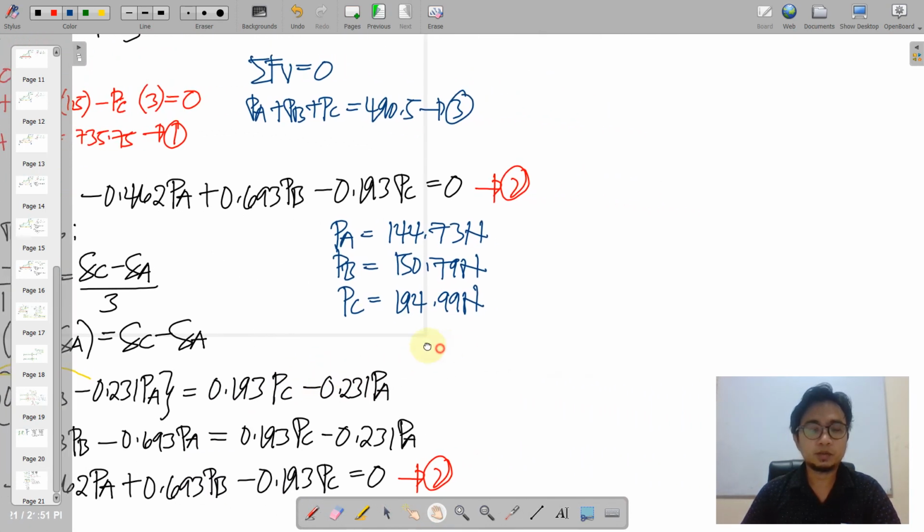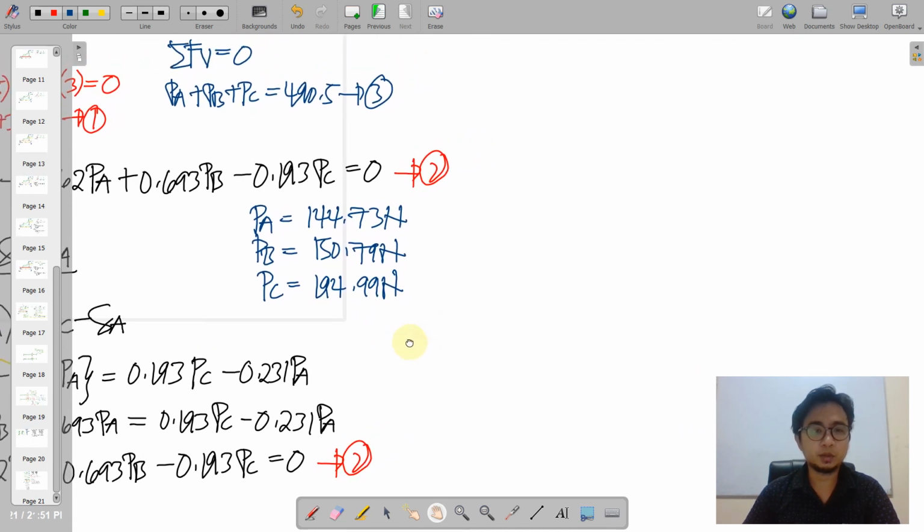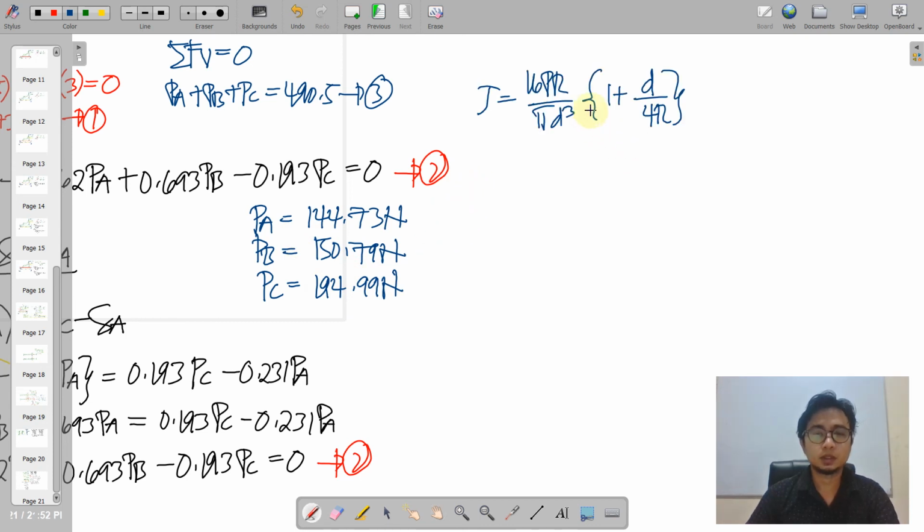Knowing all of these three, we can now compute for the maximum shearing stress on the spring. We just apply the formula 16 PR all over pi d cubed, quantity 1 plus d all over 4r.